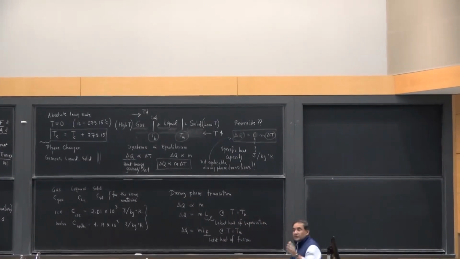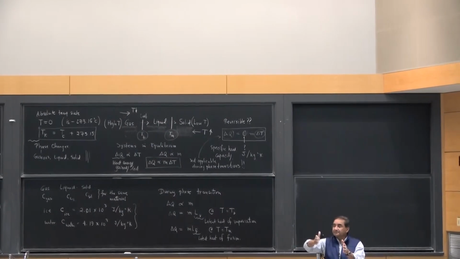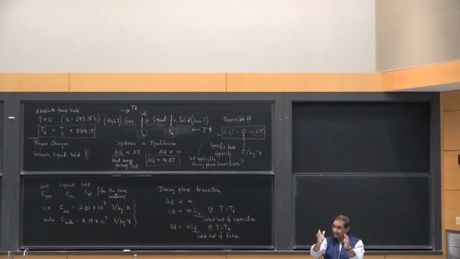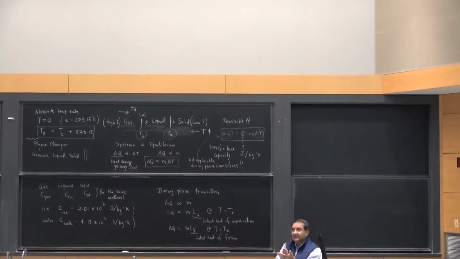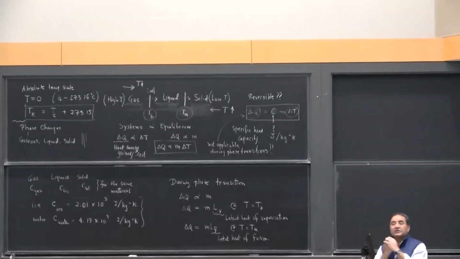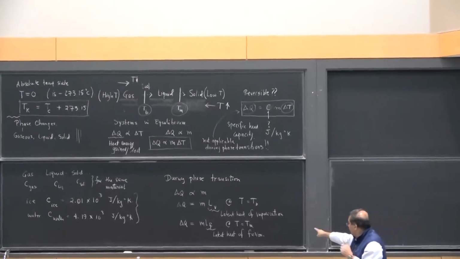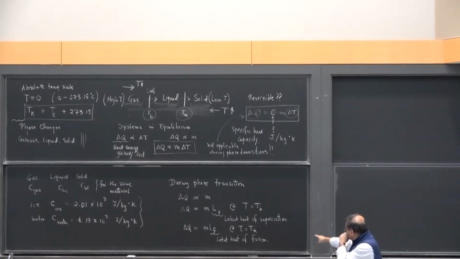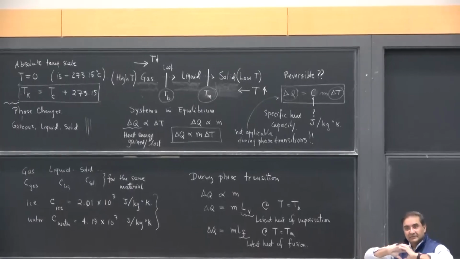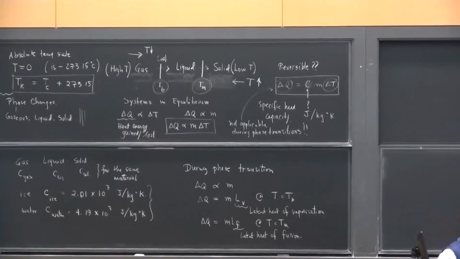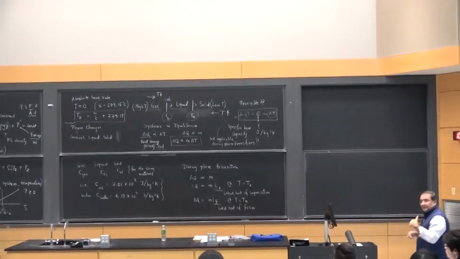You go from minus 5 to 0 in the solid ice phase. At 0, the solid ice phase absorbs a certain amount of heat, which has to do with latent heat of fusion, to go from ice to water at 0. So this is the next heat it absorbs.